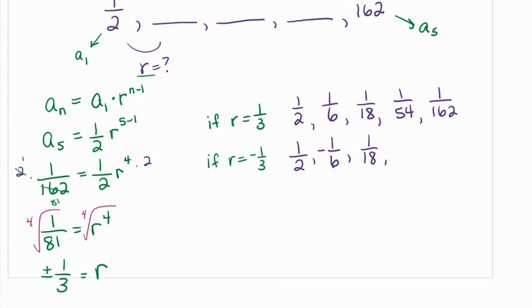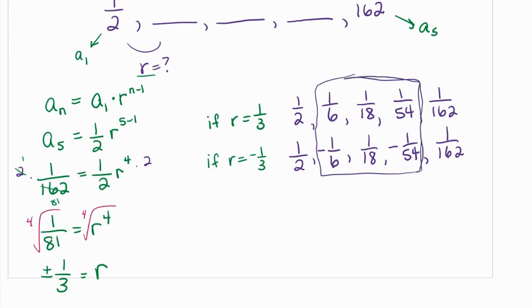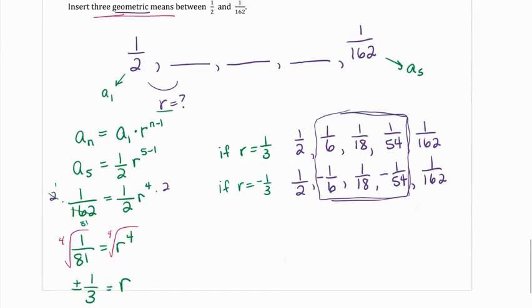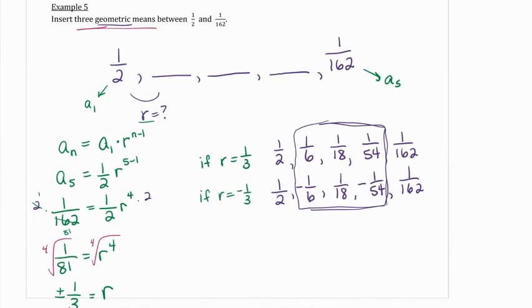Multiply by negative 1/3, I get negative 1/54. And then multiply by negative 1/3, I get positive 1 over 162. So we got 2 possibilities there, and those would be our geometric means that we could insert into that sequence between 1/2 and 1/162.